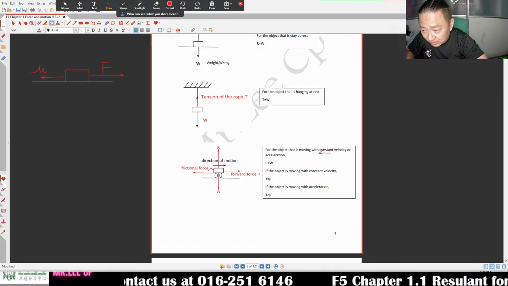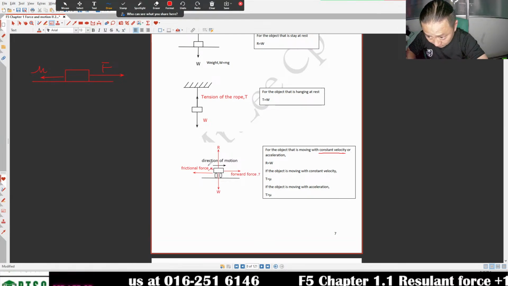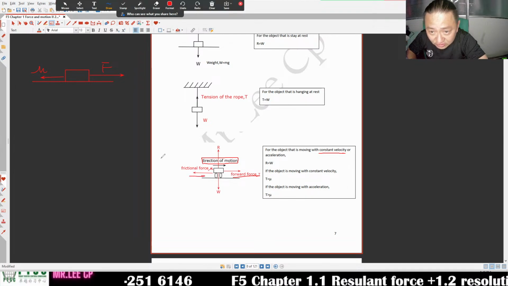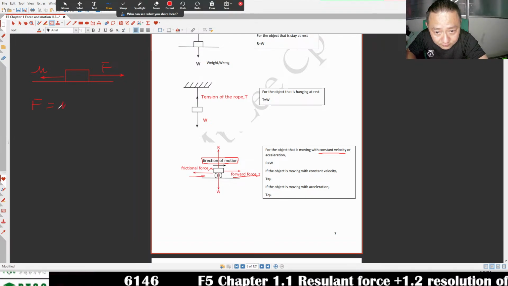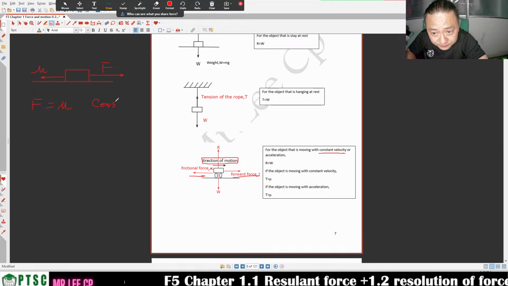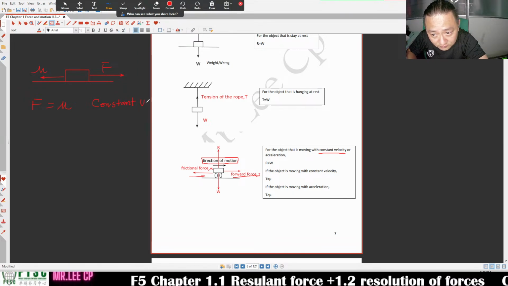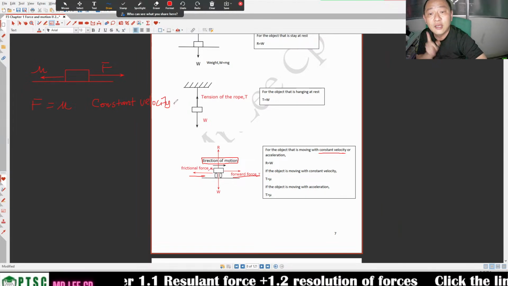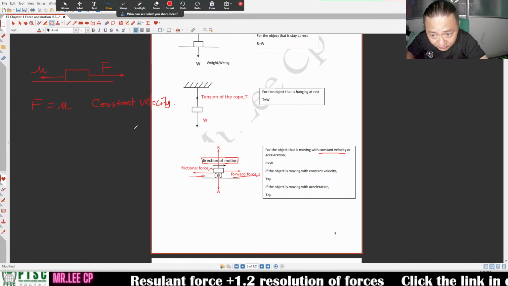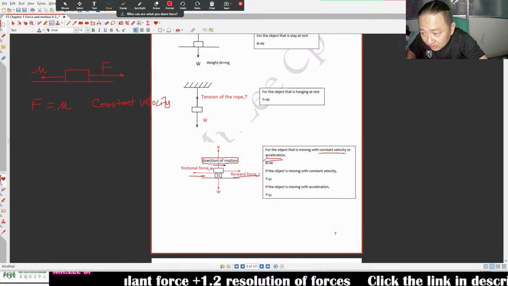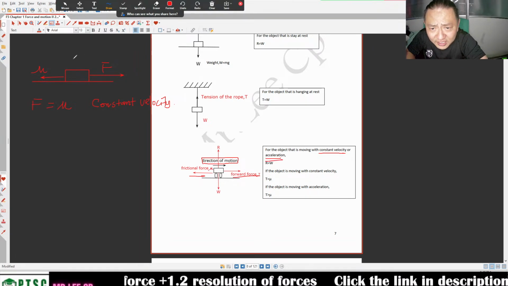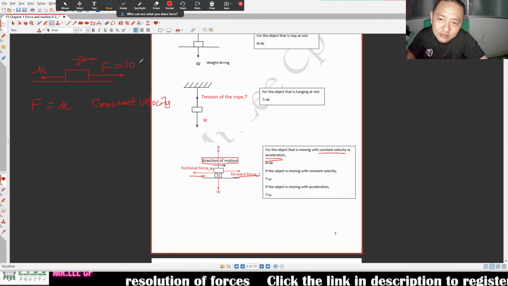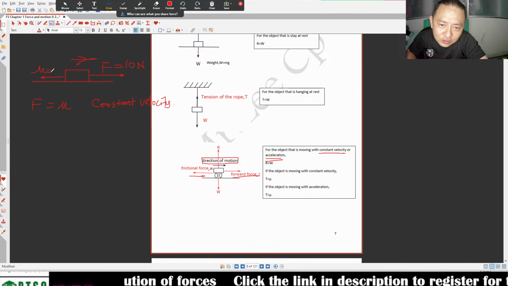If we move with constant velocity, then the forward force and the frictional force will be the same. Constant velocity. But if it moves with acceleration, why is it accelerating? The force is 10 Newton, and the friction probably just 3 Newton only.